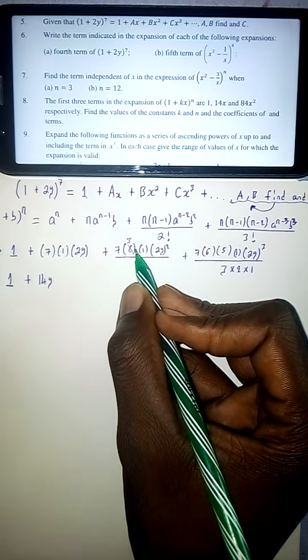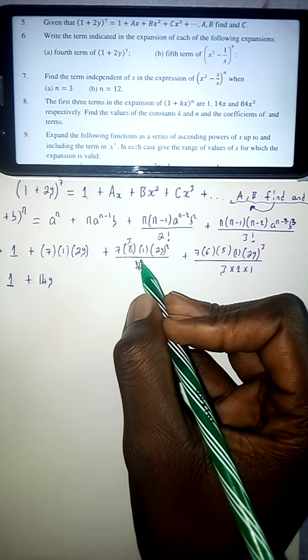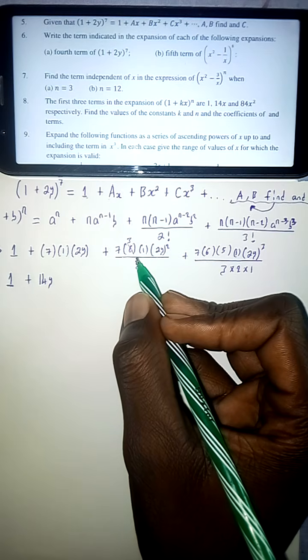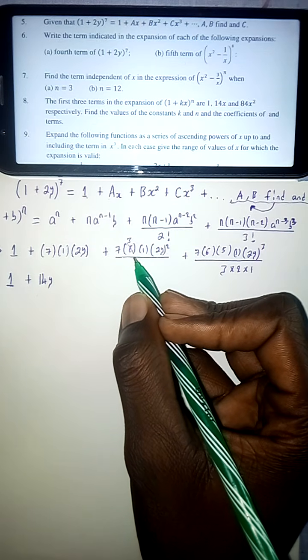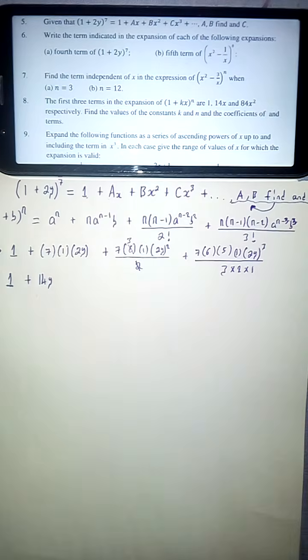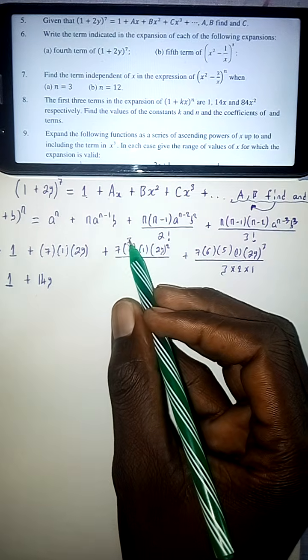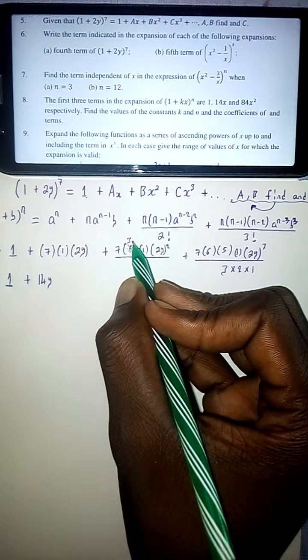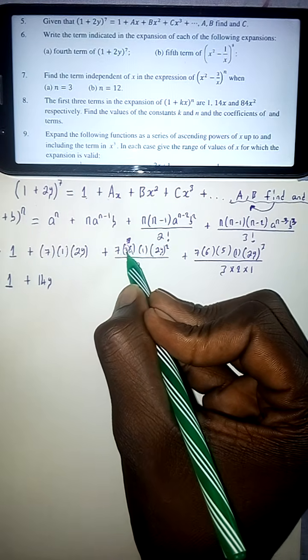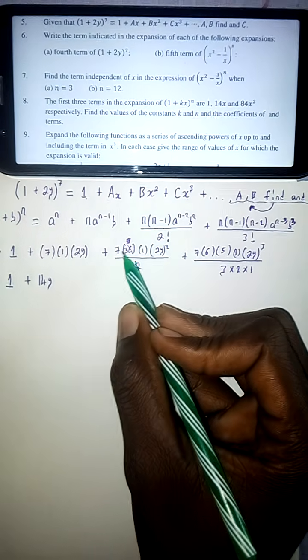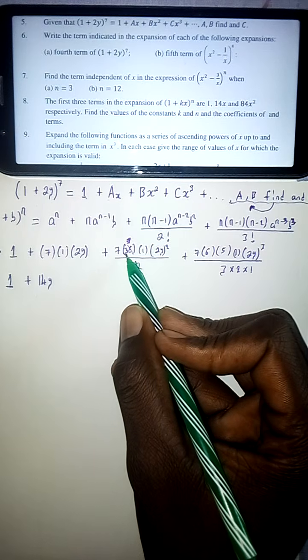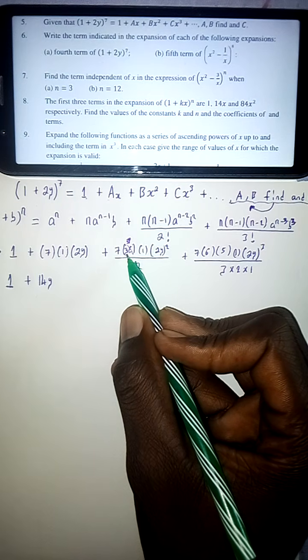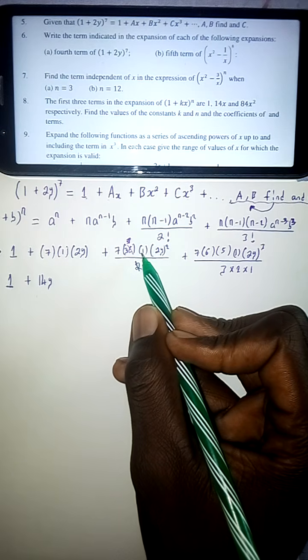So it will be 7 multiplied by 3. The answer is 21, because this 3 is not up, it's inside. So this multiplied by this, that's 21. 21 multiplied by 1, that's 21.